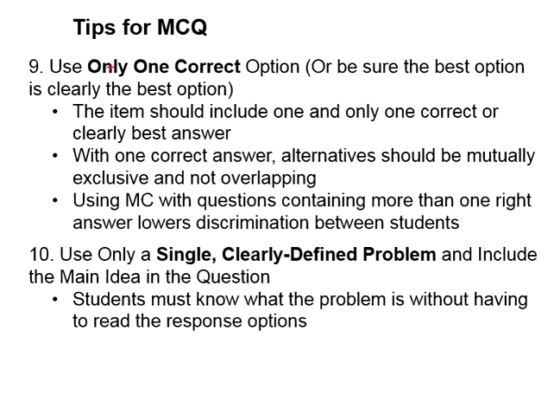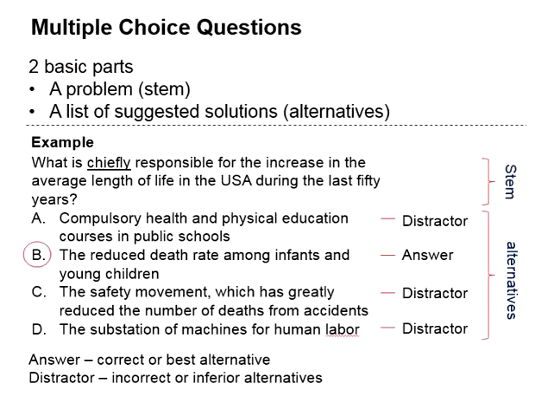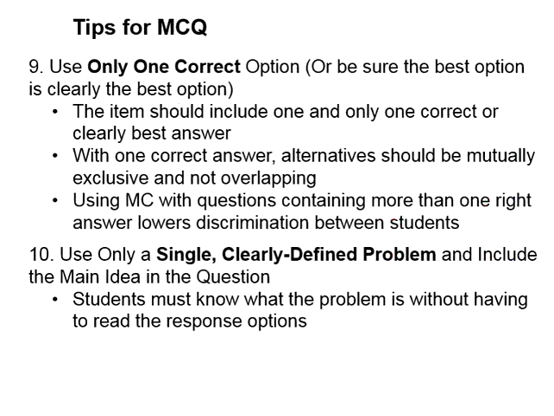And then use only one correct option. This will be less arguable. We mentioned that the correct answer can sometimes be the best alternative out of the list of alternatives given. But if you really want to use this mode, you will have to make sure that the best option here is clearly the best option.